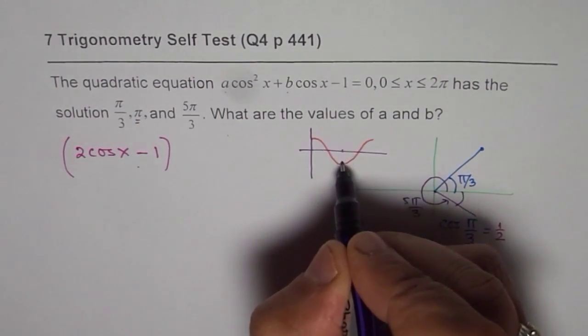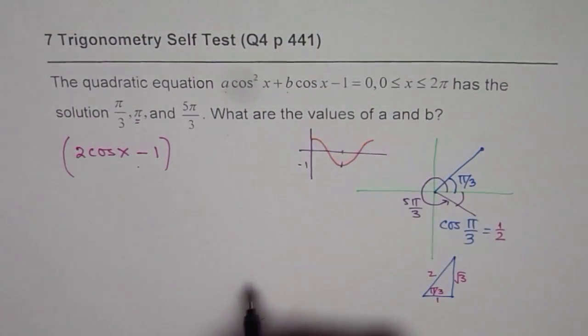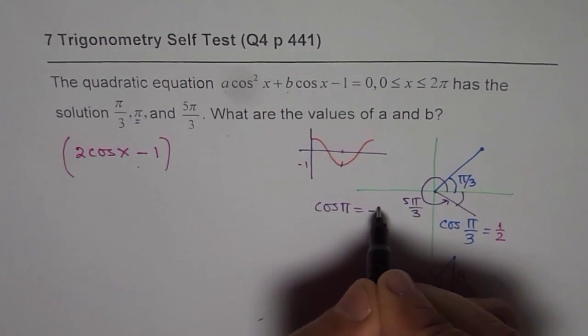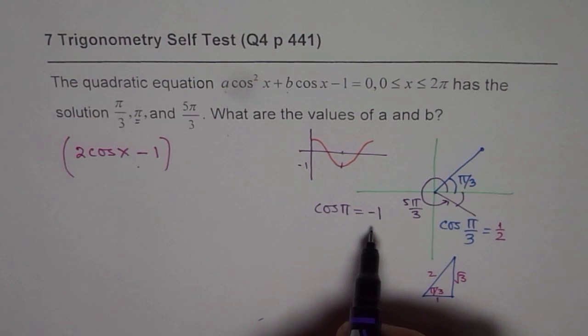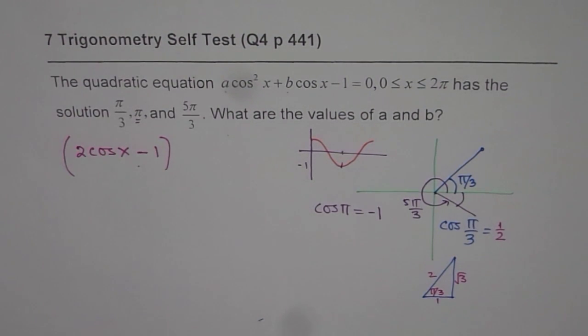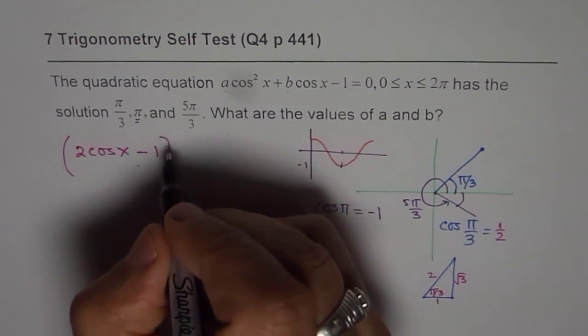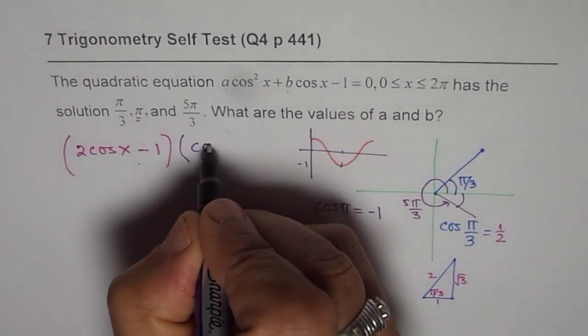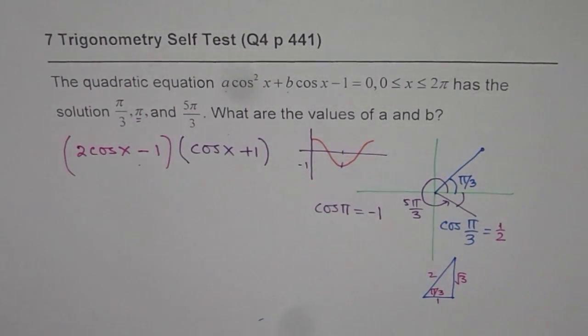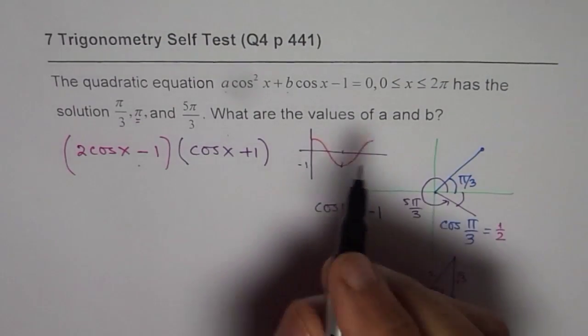So the value at pi is minus 1. You know, cos of pi equals minus 1. That means the cos value of minus 1 should relate to another factor. So my second factor here is cos x plus 1. Do you see that? That is my second factor, and this expression should be equal to 0.